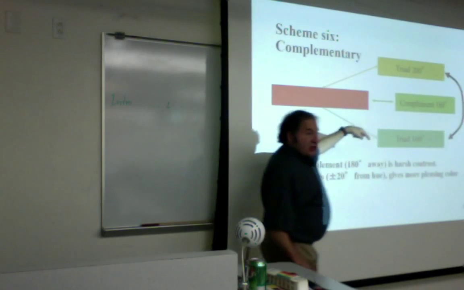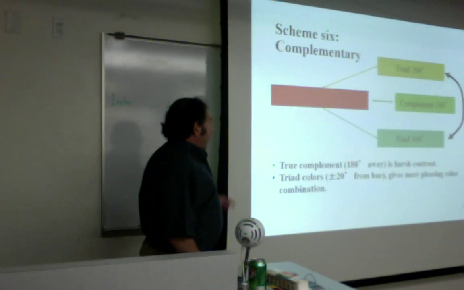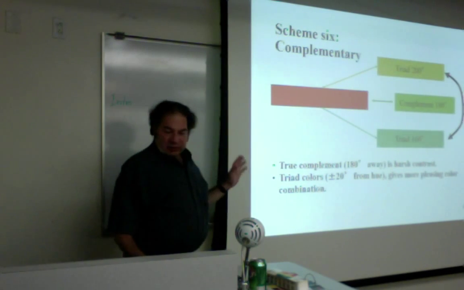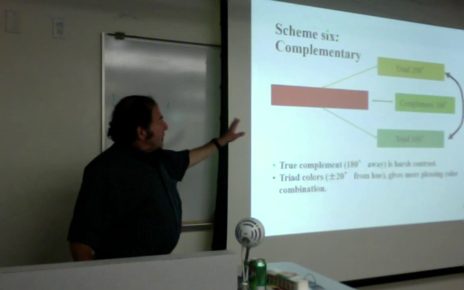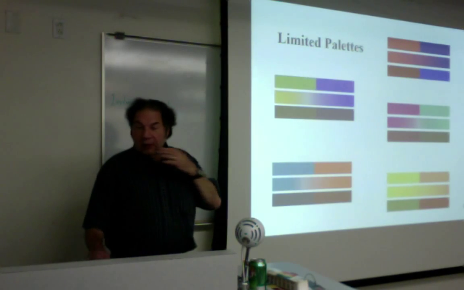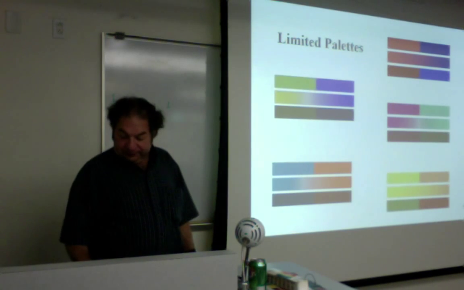By changing these dimensions, you wind up with what they call a triad. Plus or minus 20 degrees. I sort of fudged it a little bit, but that's close enough. Again, this kind of combination will work. A bunch of other palettes that you could try out. Different color combinations.